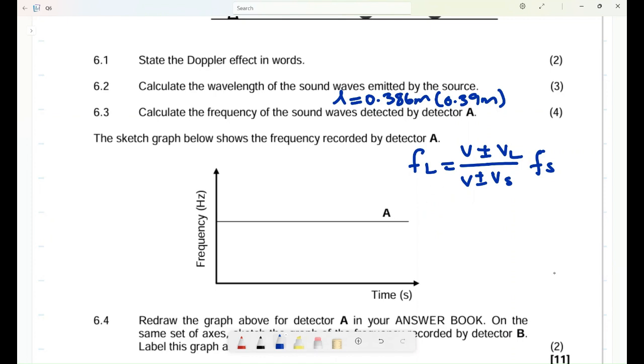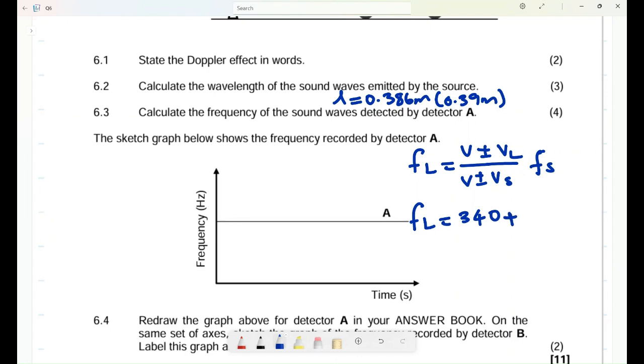Now remember, if it is moving towards the source, the top part will be plus and the bottom part will be minus. What do I mean? We can substitute and say the frequency of the listener is what we are looking for. Then V is the constant speed of sound in air, 340, plus.